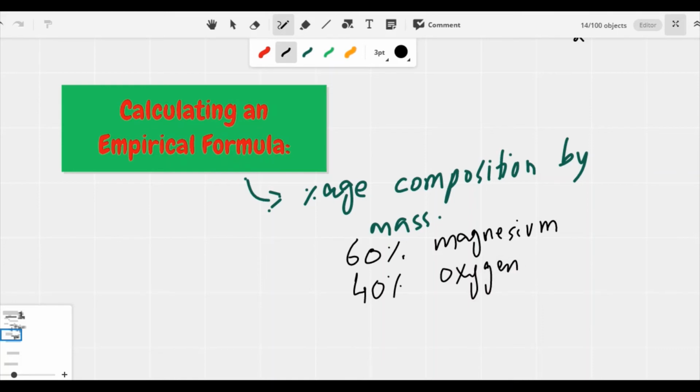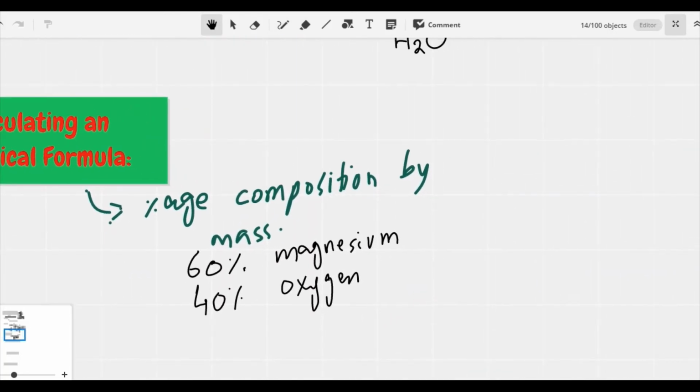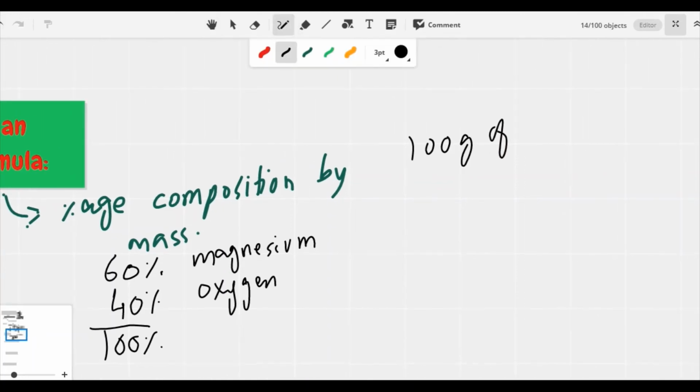Calculate its empirical formula. First of all, we suppose that in 100 grams of the compound, 60 plus 40 is 100%, so there will be 100 grams of compound.